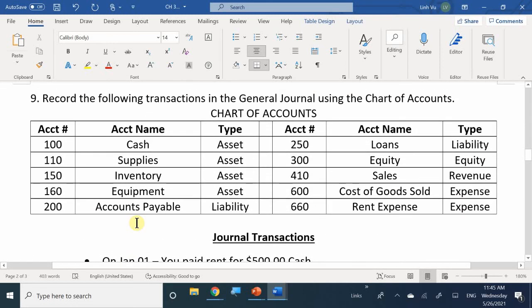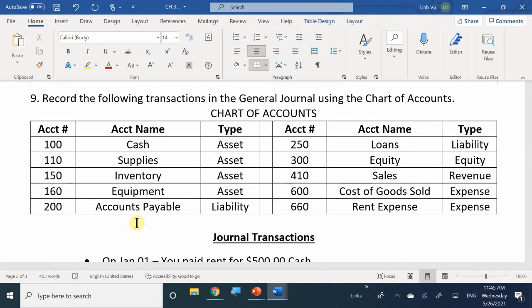If I had cash sales and I sold 25 toys, you would use your cash account? Cash account, good, because I received cash. And 600 cost of goods sold. Okay, that's an expense. That's when we're dealing with inventory itself directly. In this case, we're not going to be using cost of goods sold for this one.